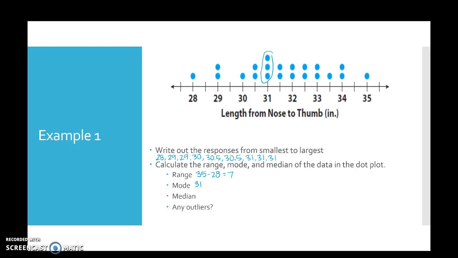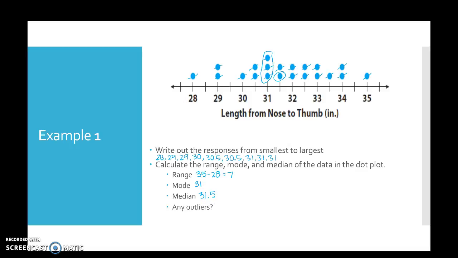And then median we found last time by crossing them out from left to right. Or I'm sorry, outside in. Left, right, left, right. So 31.5.